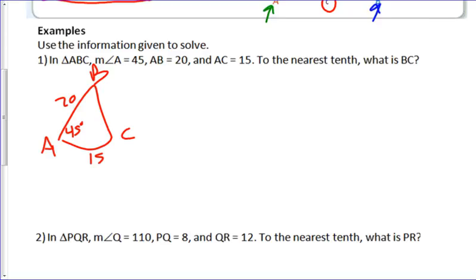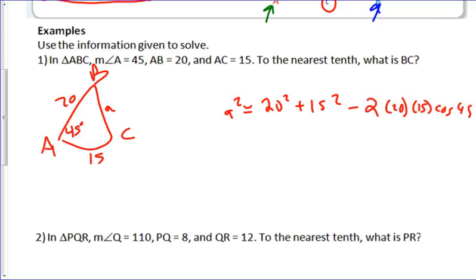To find BC, we're going to make that x, or really that would be lowercase a. A squared is going to be equal to 20 squared plus 15 squared minus 2 times 20 times 15 times the cosine of that angle of 45. So now to solve for a, we simplify everything on the right, and then we take the square root of it.